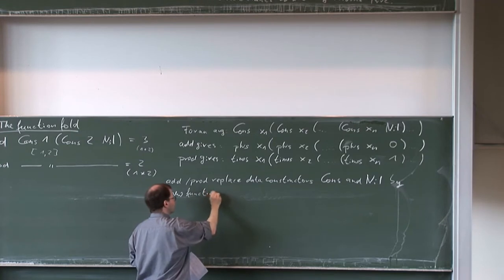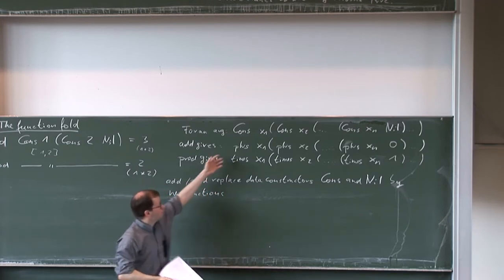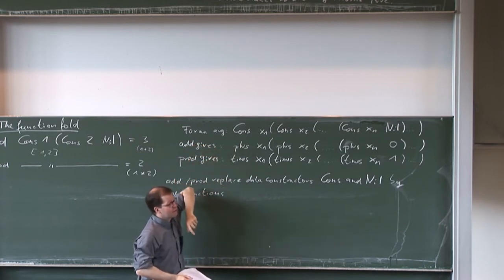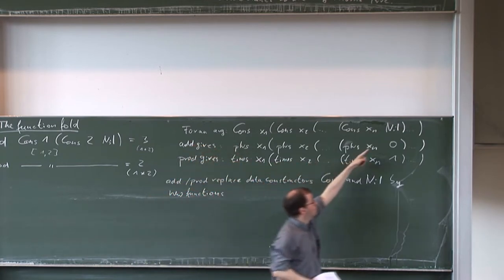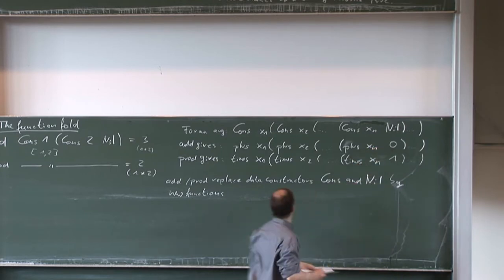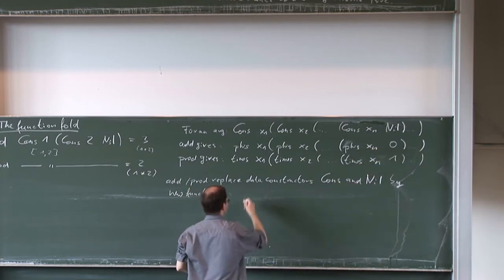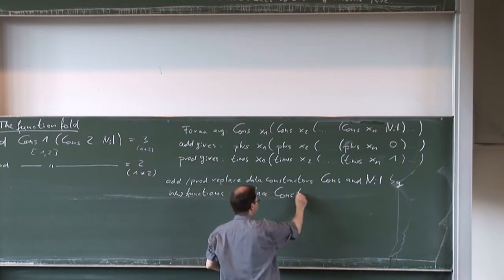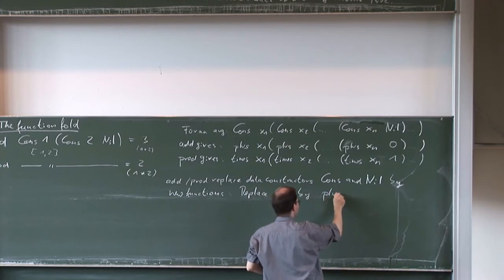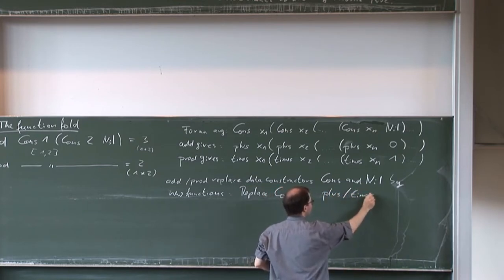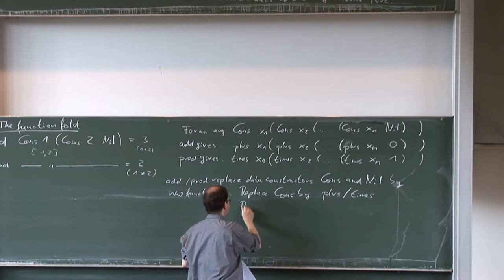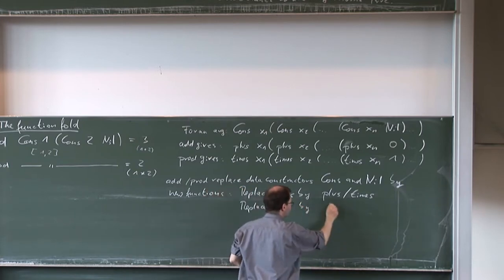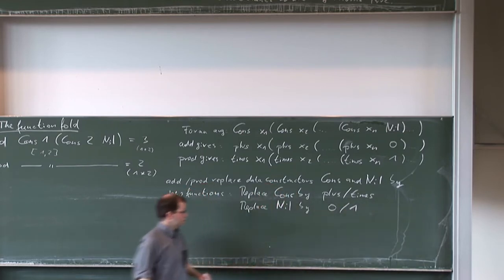So we basically keep the term structure, but cons is replaced by plus in the one case and by times in the other case. And here, nil is replaced by 0 or by 1. So replace cons by plus or by times, depending on whether you use add or prod, and replace nil by 0 or by 1, depending on whether we use add or prod.